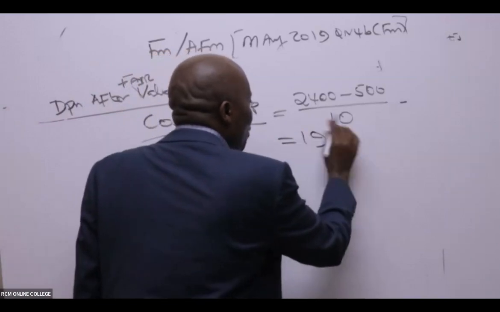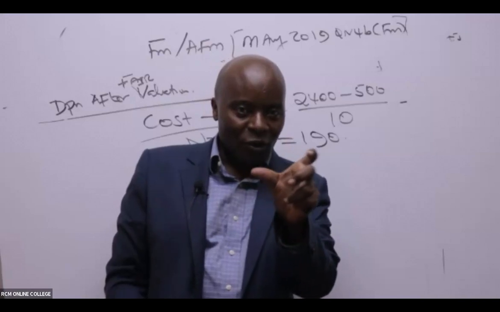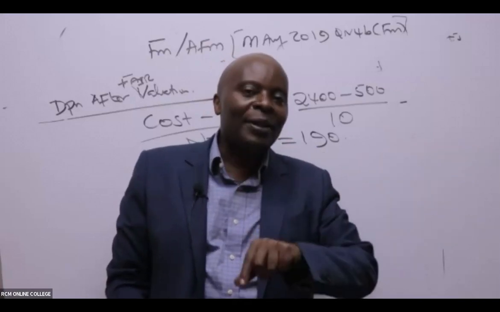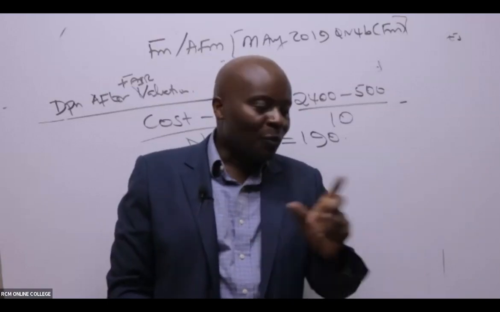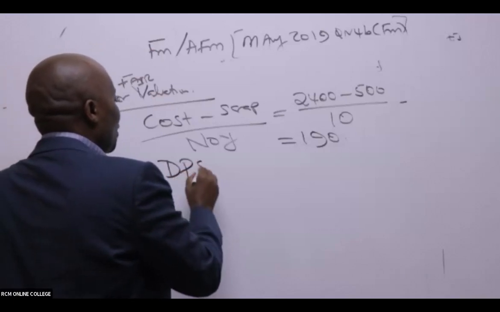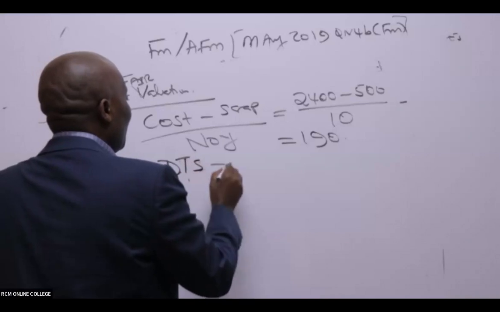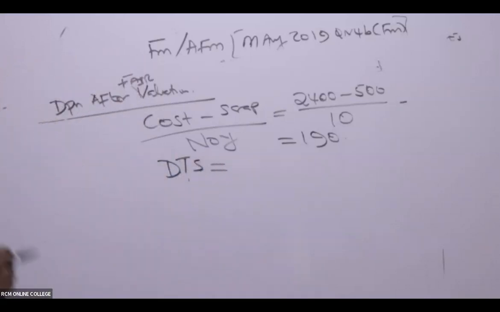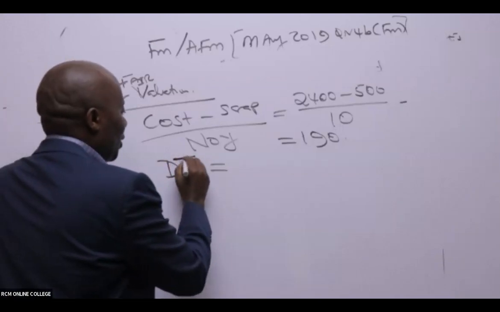Now, this is what you are comparing. Remember, the comparison is between the new machine of 10 years and the old machine, which has been revalued for 10 years. The duration must be the same. So then go ahead and give me the depreciation tax shield.